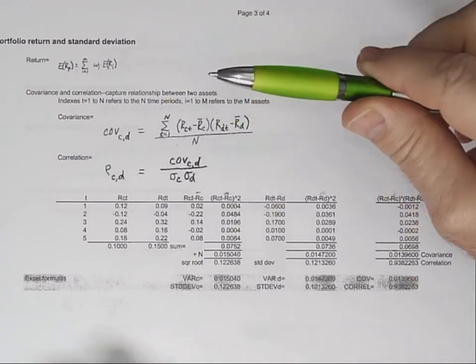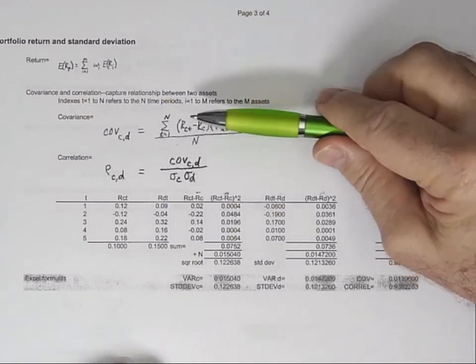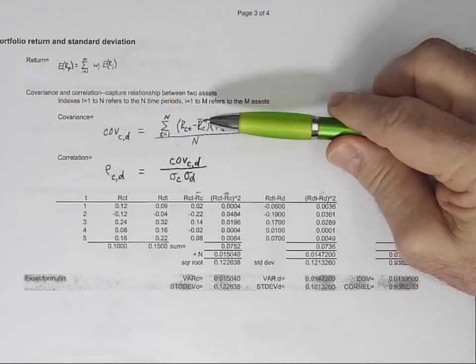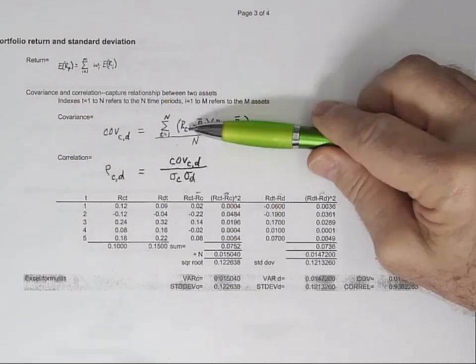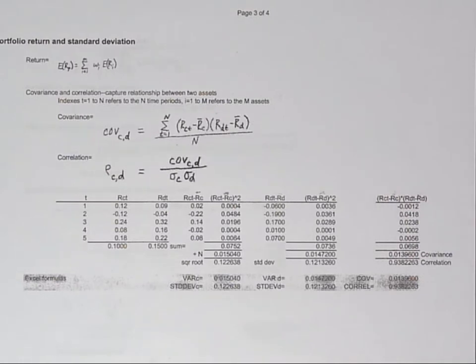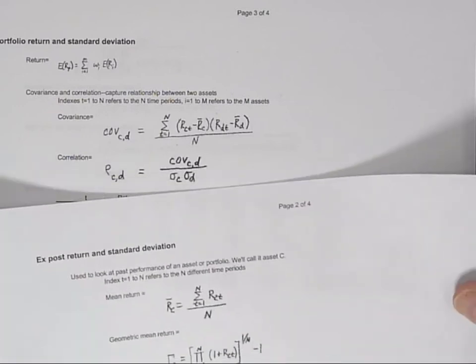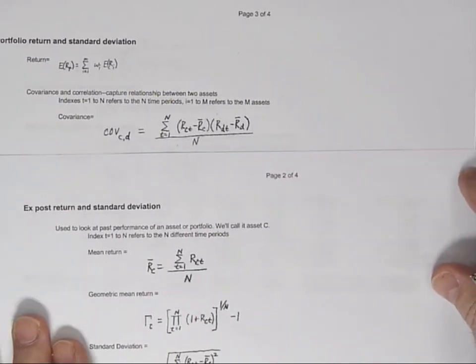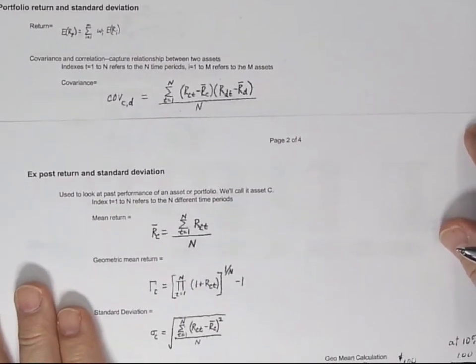One thing to note, what if we were just looking at C versus C? Not C versus D, but C versus C. Think for a second about what that looks like. Let me see if I can get these on the same page.